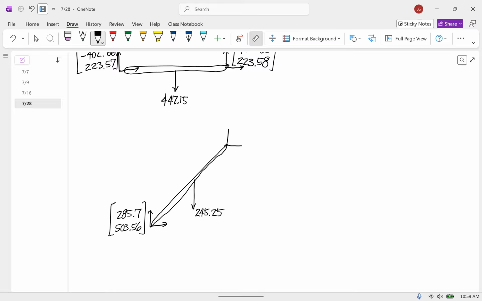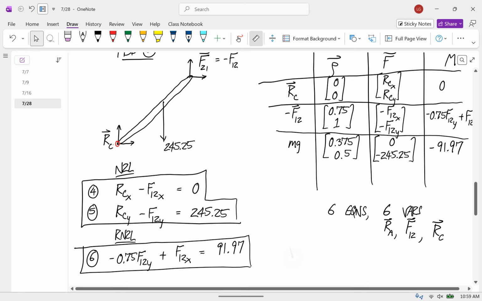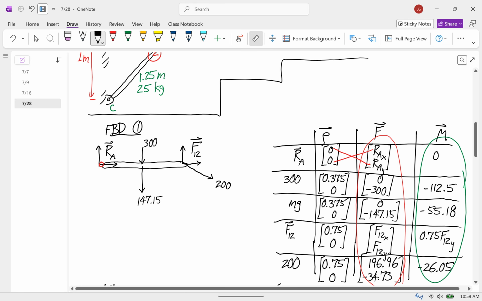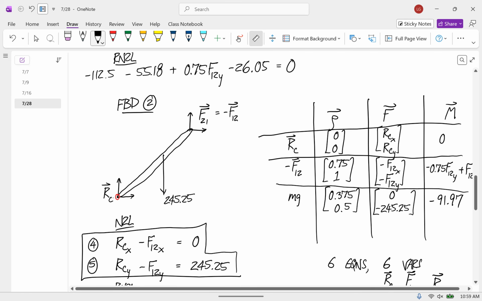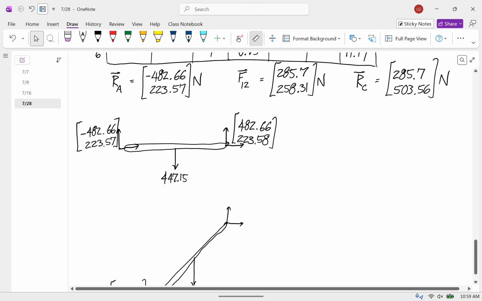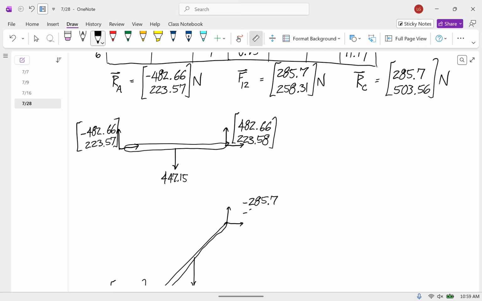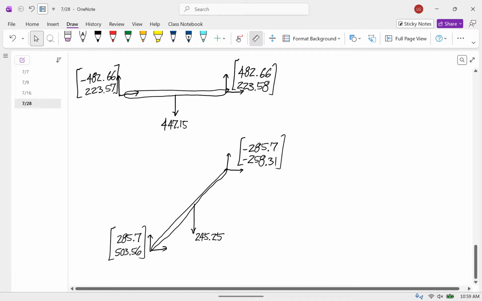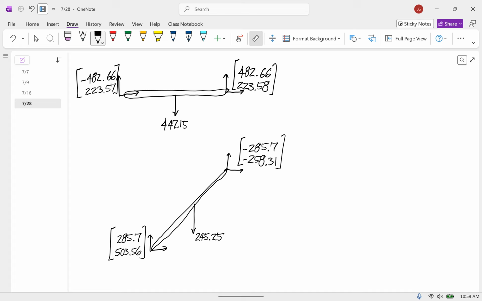And then up here, we included the 200 Newton force on body 1. It's not on body 2. So all we do here is put in negative F12. So this is going to be negative 285.7, negative 258.31. And once you go through those steps, no matter which body you chose as body 1 and body 2, these will match. Okay? You have to get the same external loads on each body.